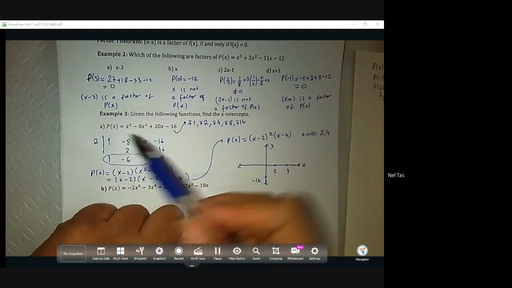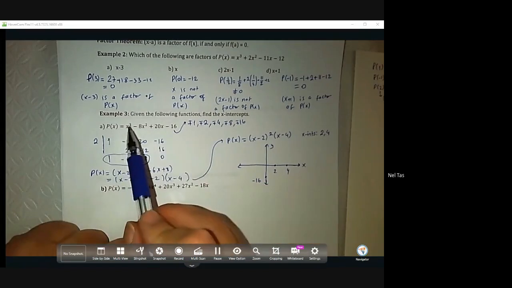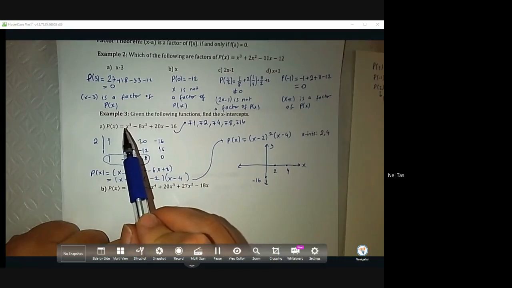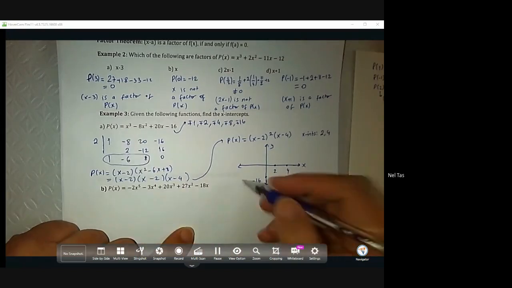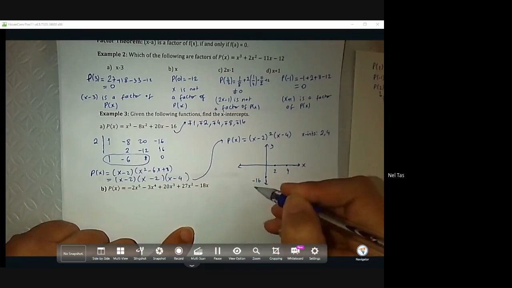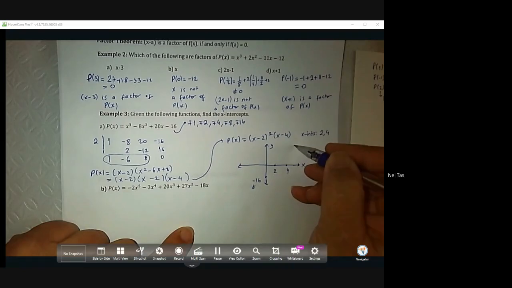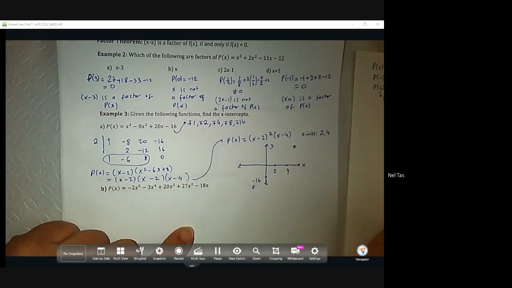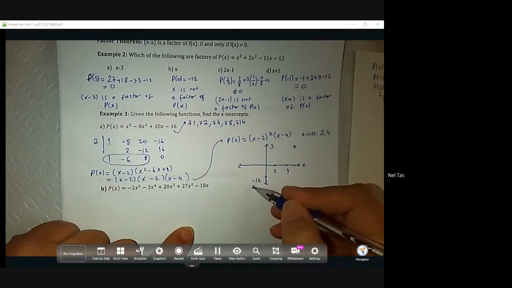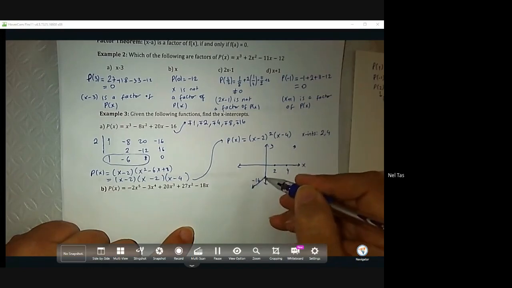Then when you're sketching any polynomial, you check the degree. It is 3. It's an odd degree function. Check the leading coefficient, positive. So you know that your graph is going to start from quadrant 3 and end in quadrant 1. Okay. So when you're sketching, make sure you pass through the y-axis.